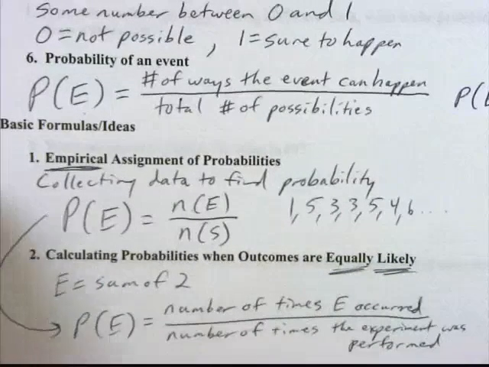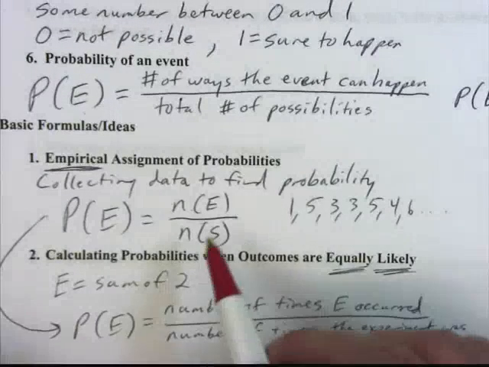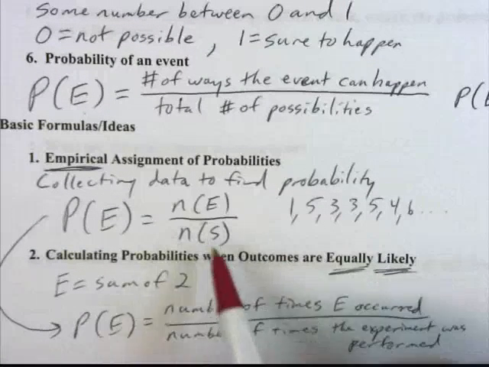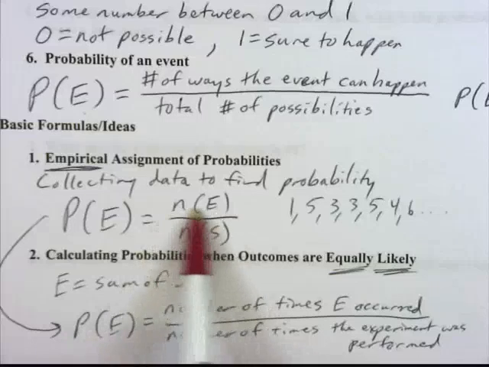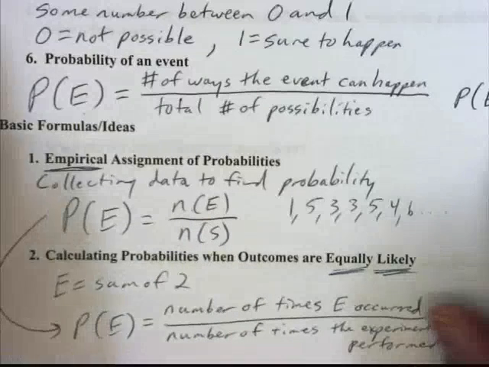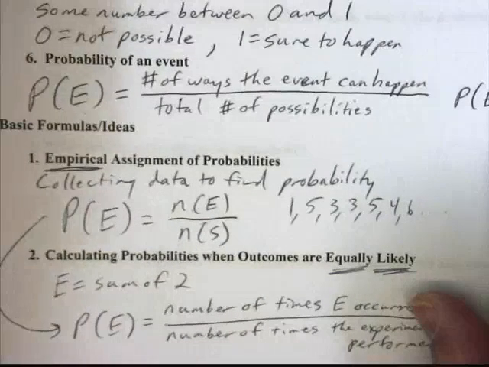And then down here, if you're doing it with theoretical, you're not actually running the experiment. You're just saying, well, if these are all the possibilities, these are the times that those different things will occur. And we'll look at some examples of that as we go.